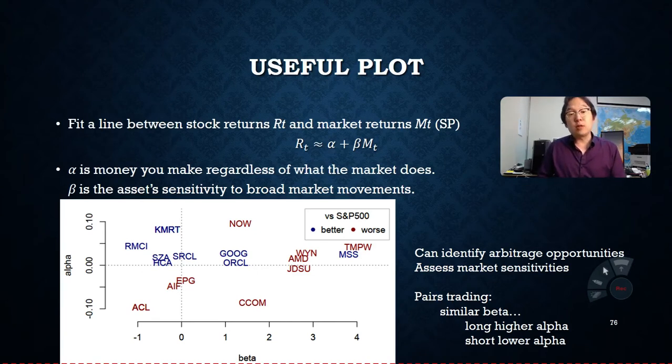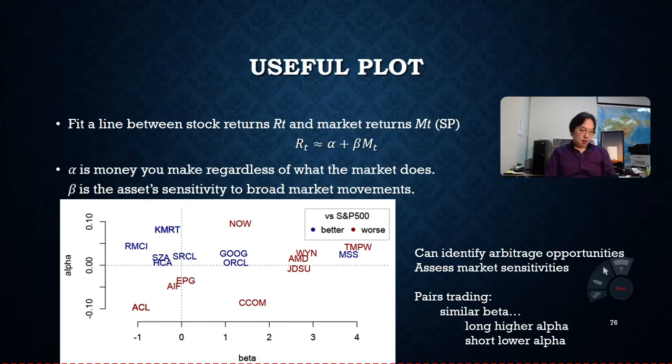It shows the stocks ticker by ticker. So you can identify arbitrage opportunities and assess market sensitivities. You remember beta? Beta being 1 in CAPM means it's as risky as the market on average.